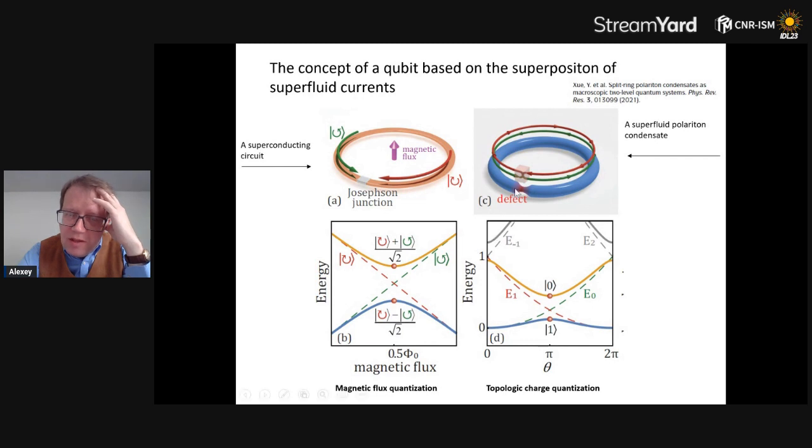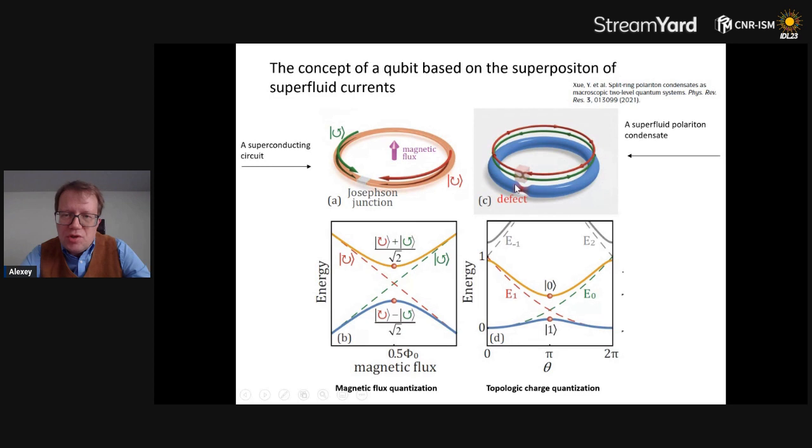Just instead of magnetic field, we use so-called weak link that pins a dark soliton. And a dark soliton is characterized by a phase jump by pi over 2. So the phase on the circuit would change by pi here in the point of defect, and then it should change by either pi or minus pi when you go around the circuit.